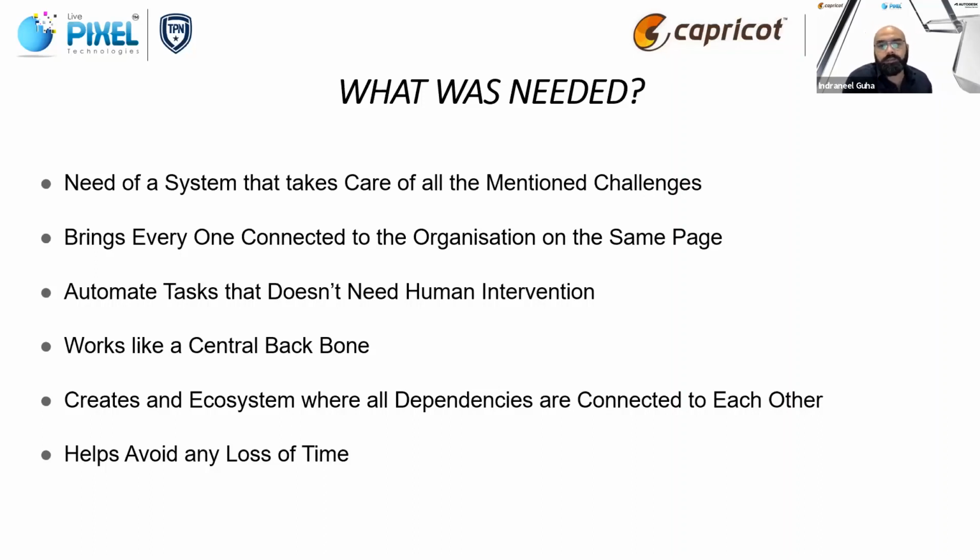Those are simple things that can be taken care of by automation. So we needed basically a kind of backbone, and a virtual ecosystem that everyone is hooked on to, no matter where they are, no matter what department or hierarchy level they are in. All of this, of course, to avoid any kind of loss of time.